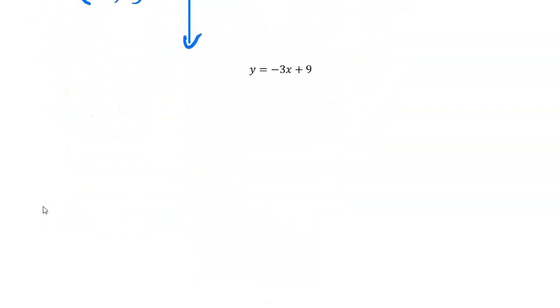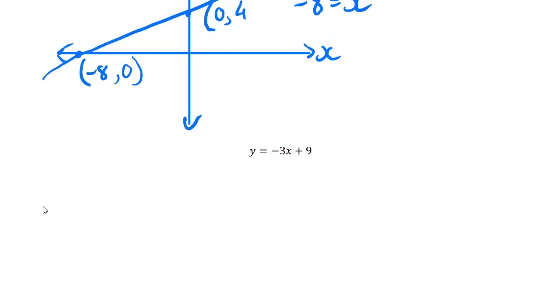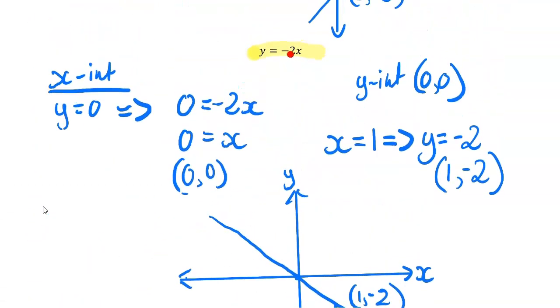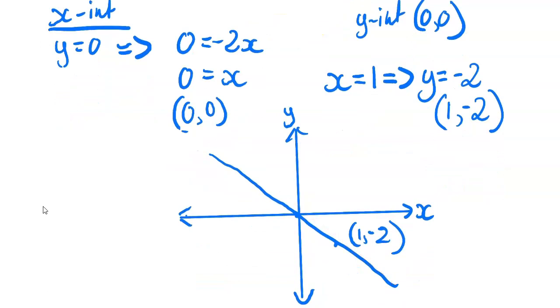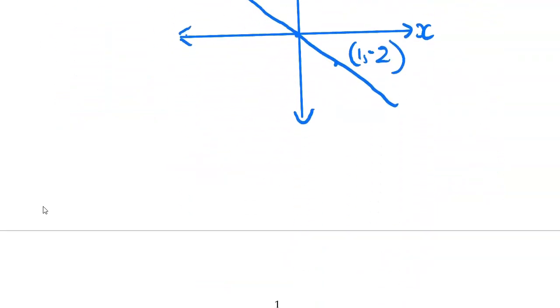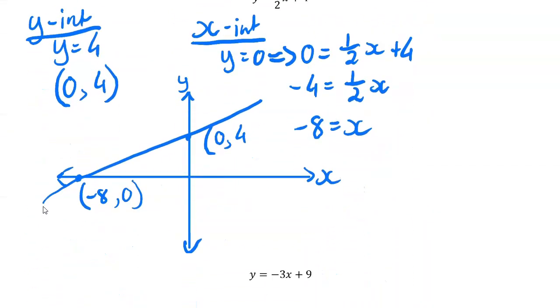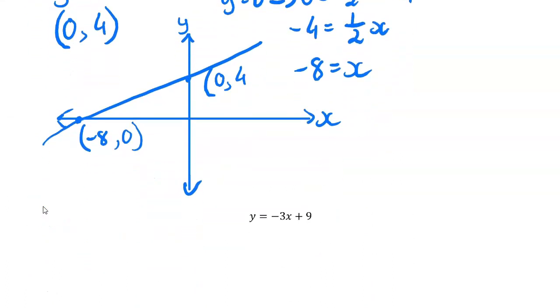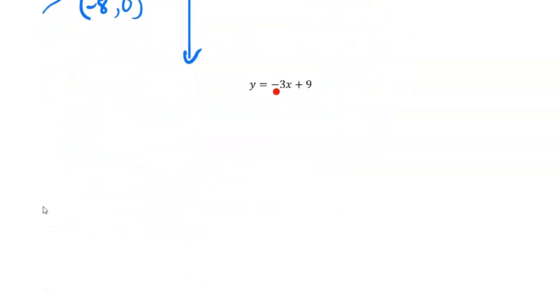Now I hope you're noticing the difference that sign is making. Our slope, that's saying what direction our slope is. That is a negative slope, because remember we always read our graphs from left to right. That's a positive slope. So here we're going to have another negative slope.